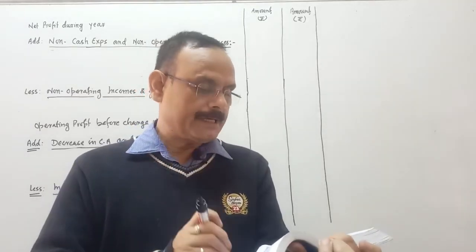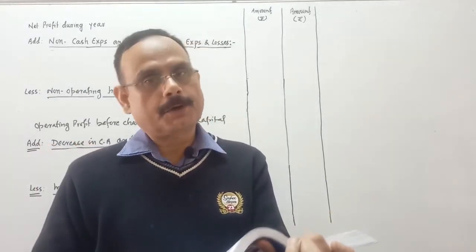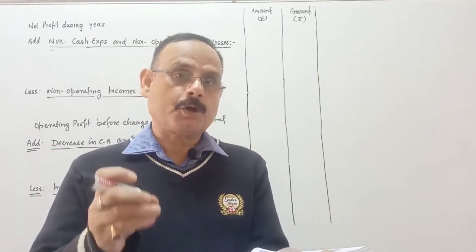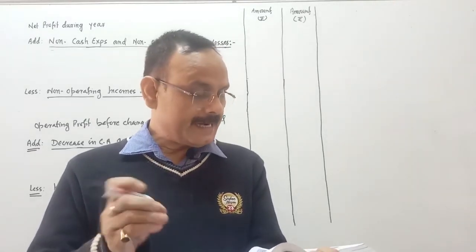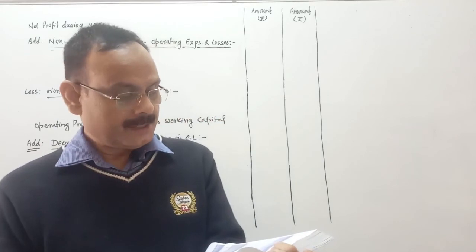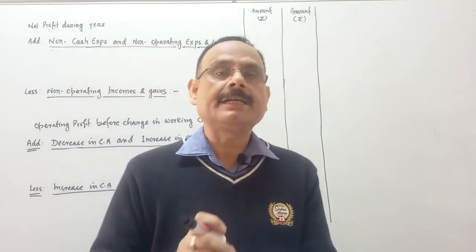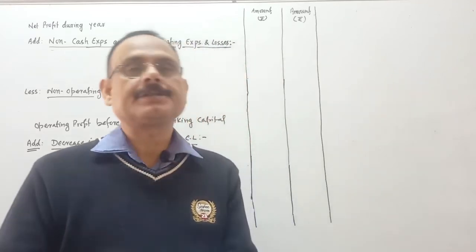At the end of the year, trade payables saw an increase of rupees 45,000. Trade receivable an increase of 53,000. Prepaid expenses decrease of rupees 2,000 and outstanding expenses decrease of rupees 10,000.